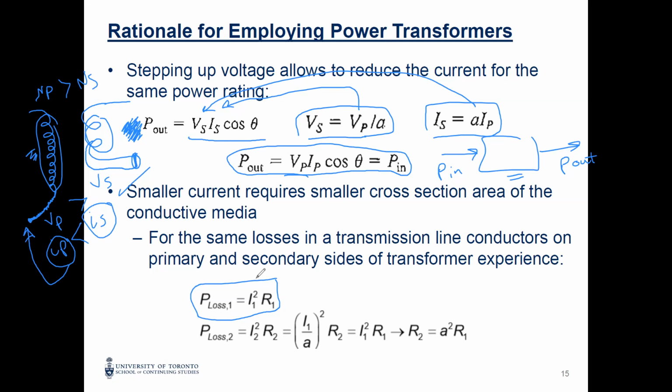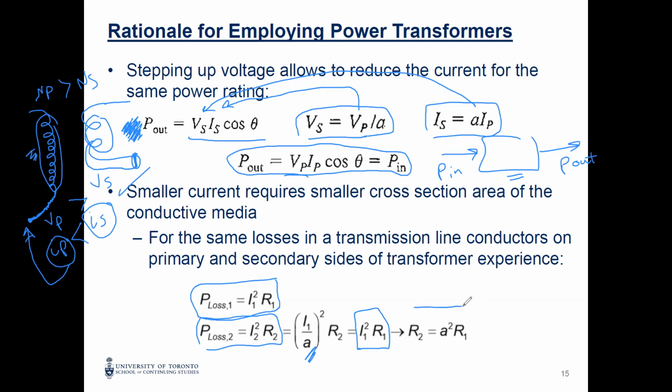Using the turns ratio for the current, I2 equals I1 over a, this is the losses for the secondary. Look at this: move the losses, it's the same.